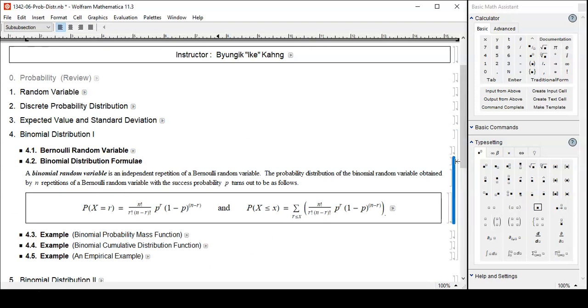However, most of the time, we're going to be using approximation using something called the normal random variable, the normal probability distribution, starting from lesson 7. And that's far more important. This one is just a stepping stone for that. I'm going to stop there.